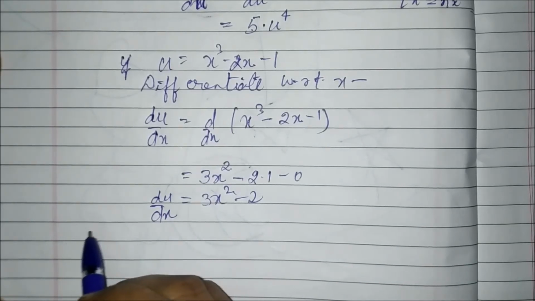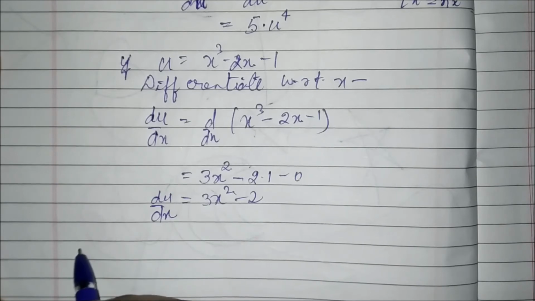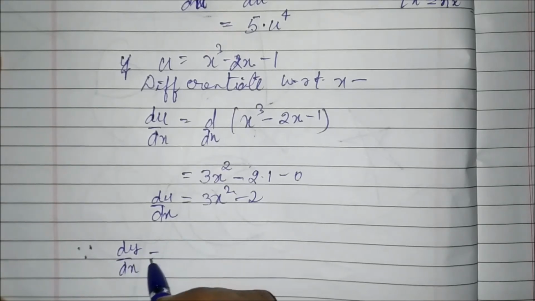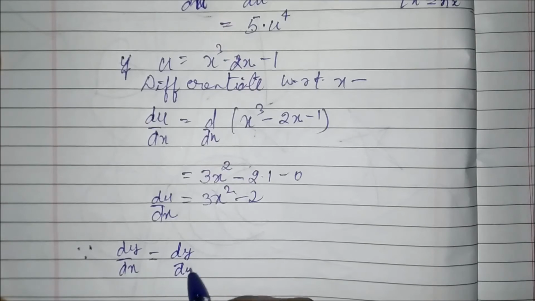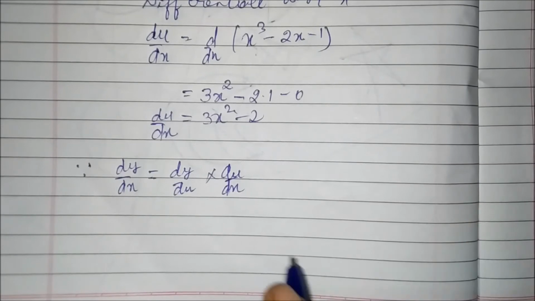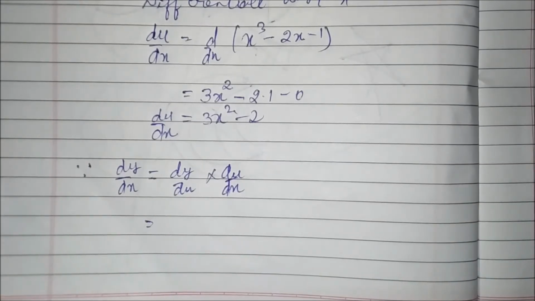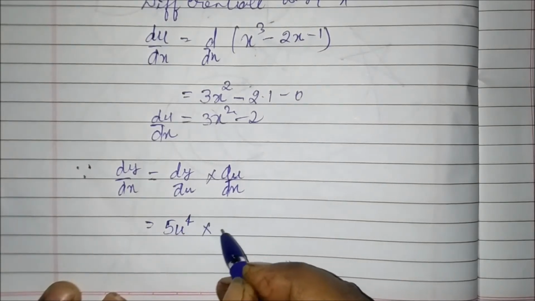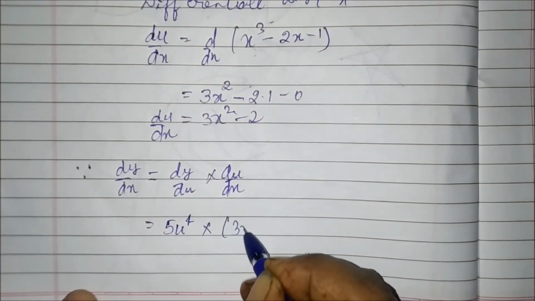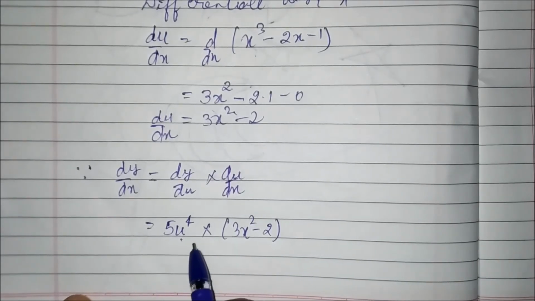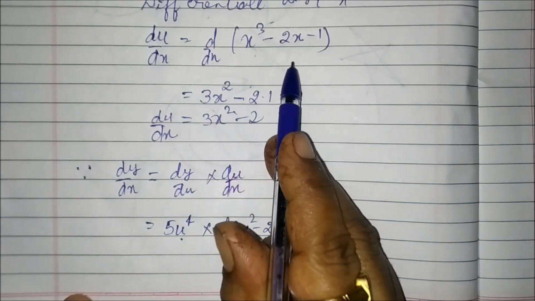Now by the derivative of a composite function, dy by dx is equal to dy by du into du by dx. By this we have dy by du as 5 u raised to 4 into du by dx, which is 3x square minus 2, but this u is x cube minus 2x minus 1.